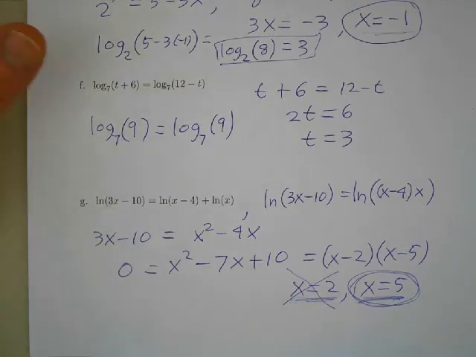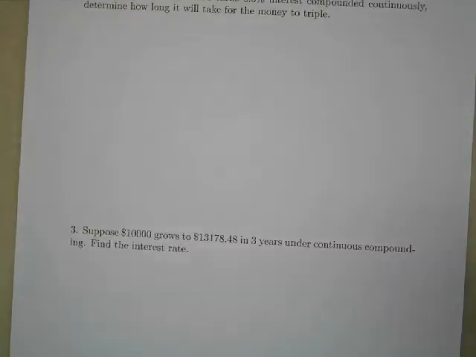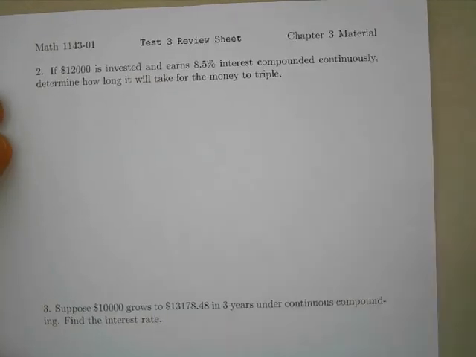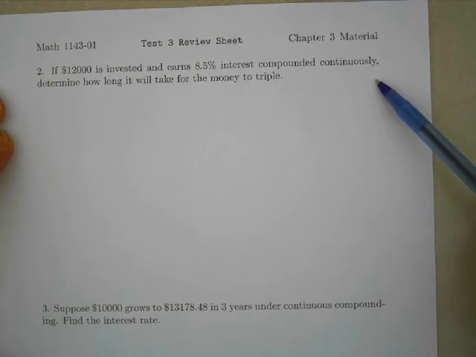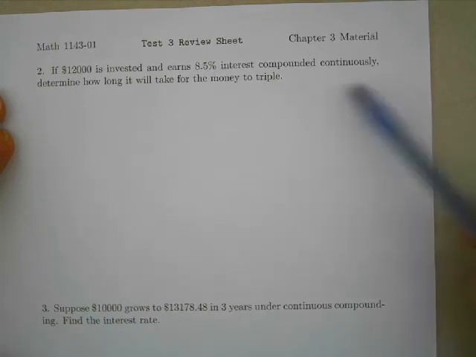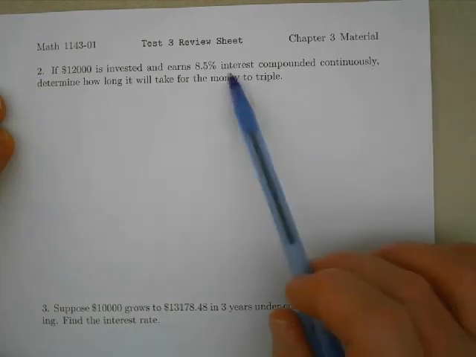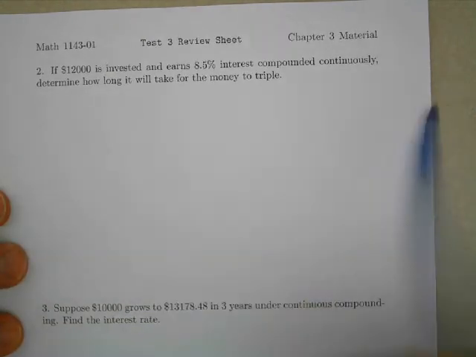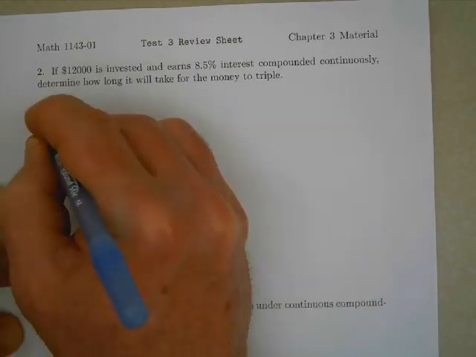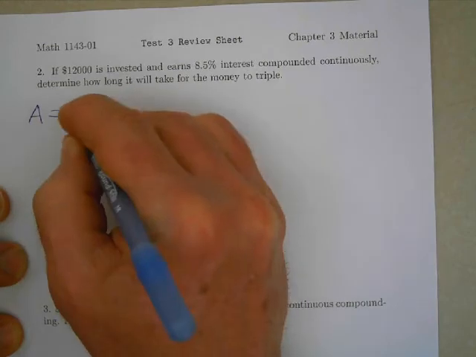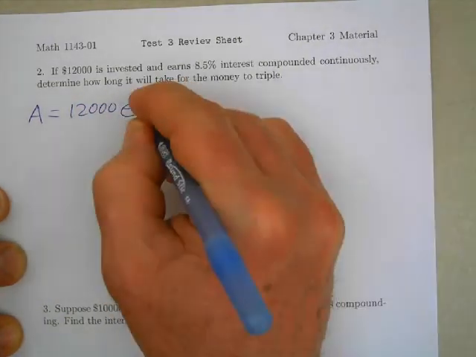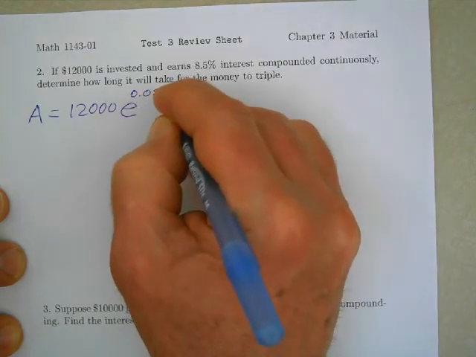Okay, in the next part we have a couple of word problems. Number 2, if $12,000 is invested and earns 8.5% interest compounded continuously, we're assuming that it's an annual interest rate, determine how long it takes for the money to triple. So first we'll write down the function A equals the principal 12,000 times e to the 0.085 times t.